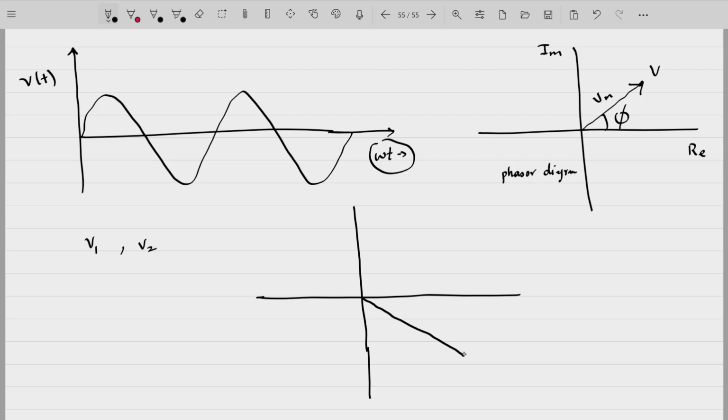So all such vectors that will be located in the fourth quadrant will represent lagging quantities. All such quantities that have a positive phase, between 0 and 90 degrees, will be referred to as leading vectors. And every other quantity that is located on the x-axis itself will be in phase.